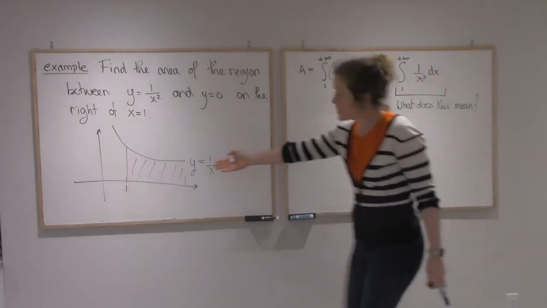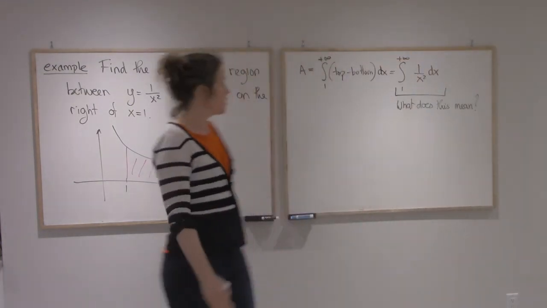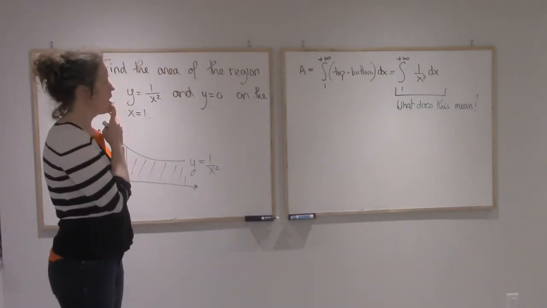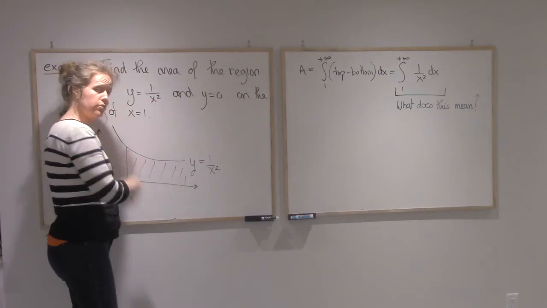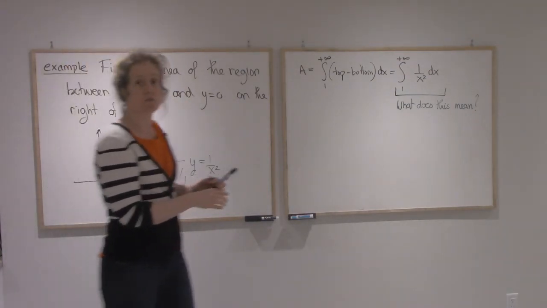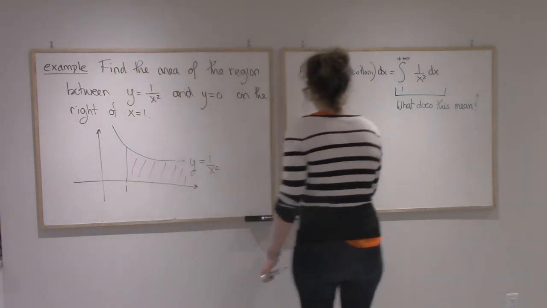We want it to be the area of this region, which is not bounded but still might be finite, as you'll see. So I'm going to use this idea of looking at this area to figure out what this integral from 1 to infinity should mean.